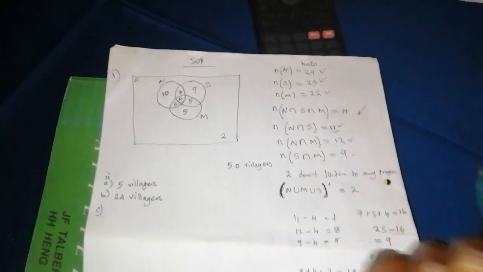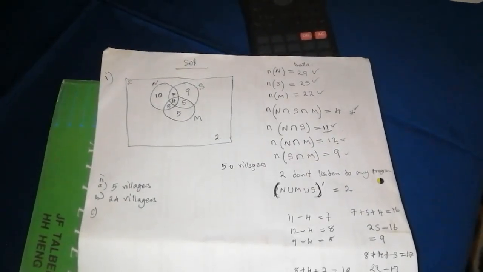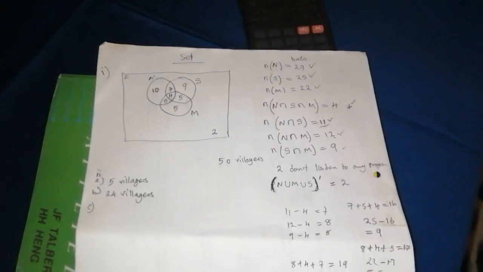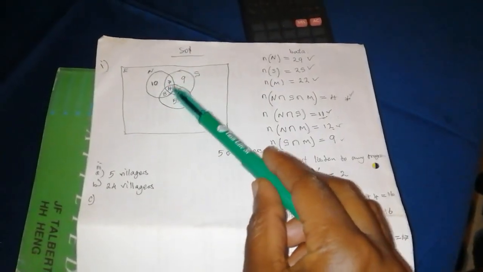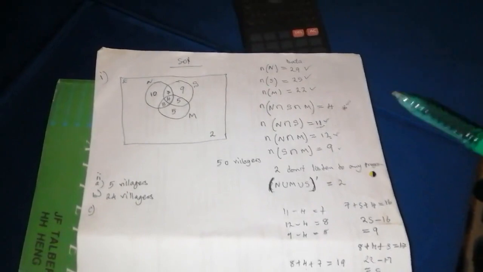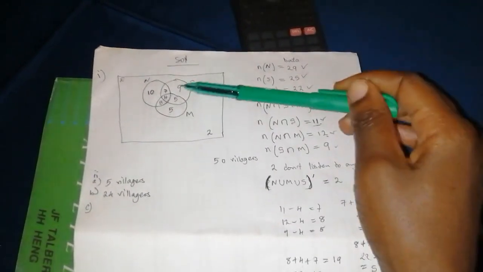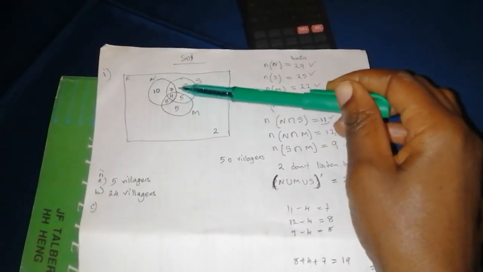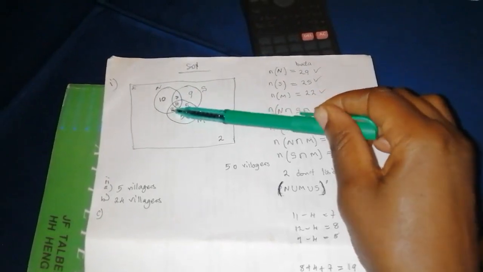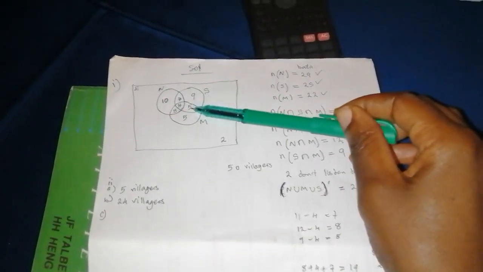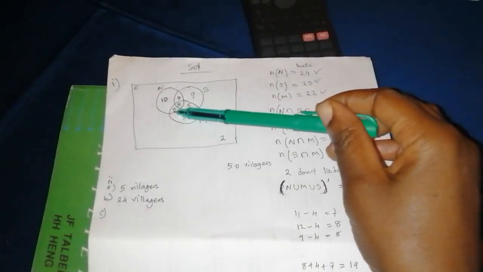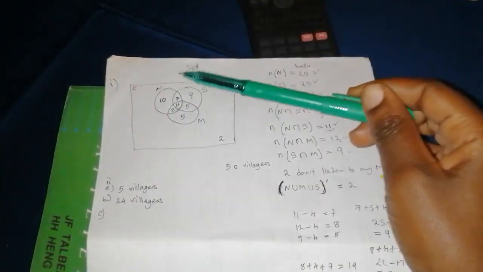2c asks how many villagers listen to 2 types of programs only. So you need to look at the intersection sets, except the one in the middle. Those who listen to 2 types of programs only, we need to look at 7, 5, and 8, because 7 listen to news and sports, 5 listen to sports and music, 8 listen to news and music.